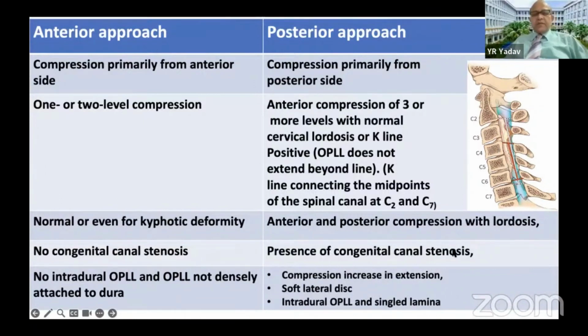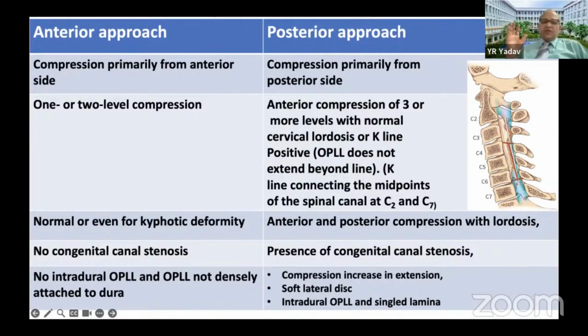There can be situations, there is always a possibility that you are in doubt. There is anterior compression, posterior compression. It is at 2 level, less than 3 level. So you are confused whether the main compression is from anterior side or posterior side.